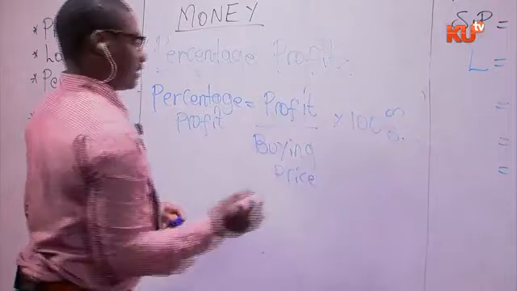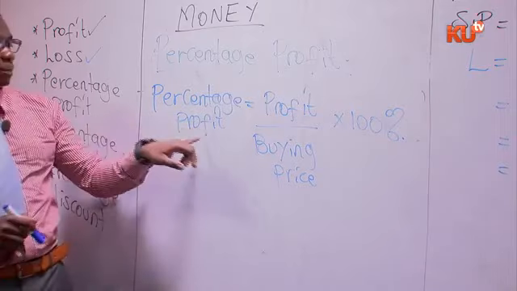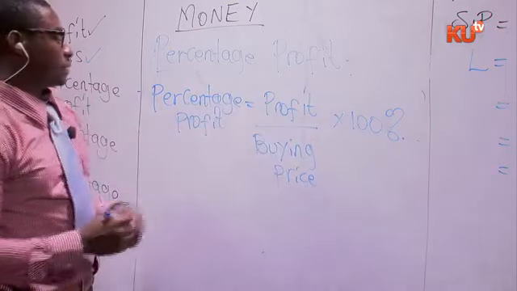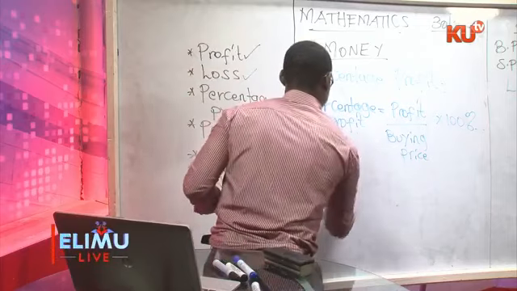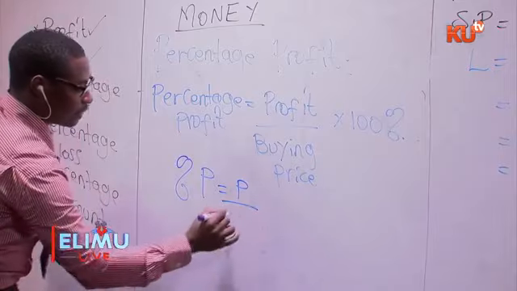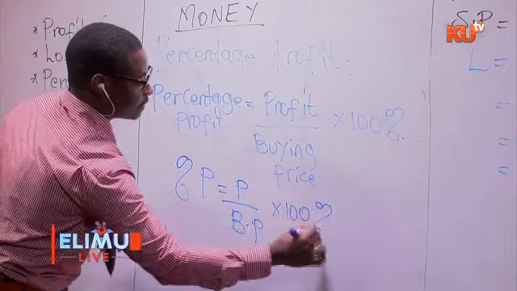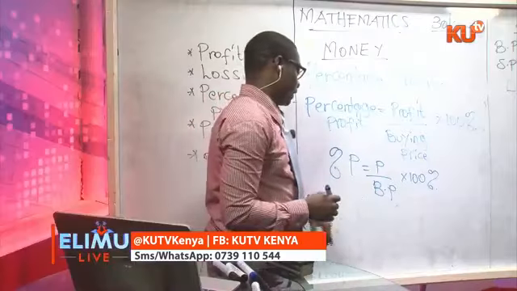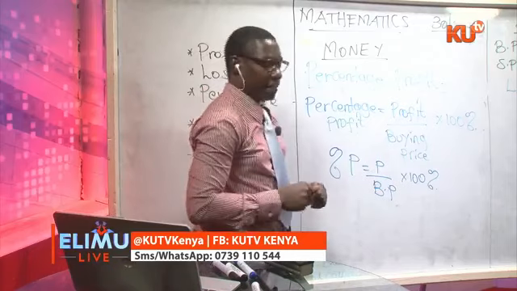So percentage profit is equal to profit over buying price times 100%. So let's say the formula, all of us: percentage profit is equal to profit over buying price times 100%.